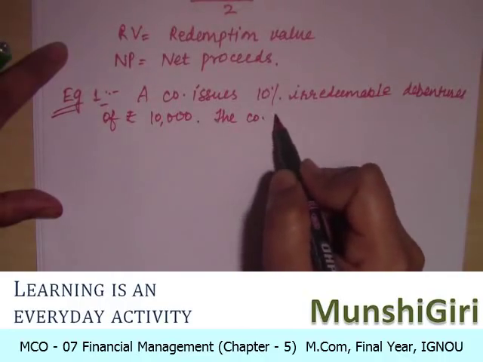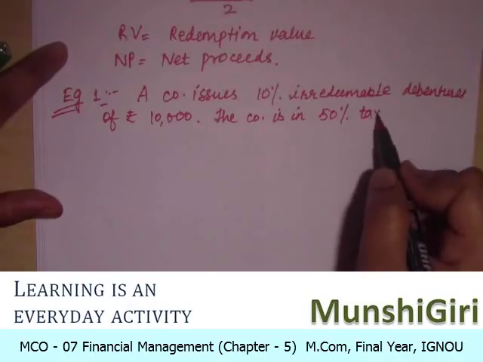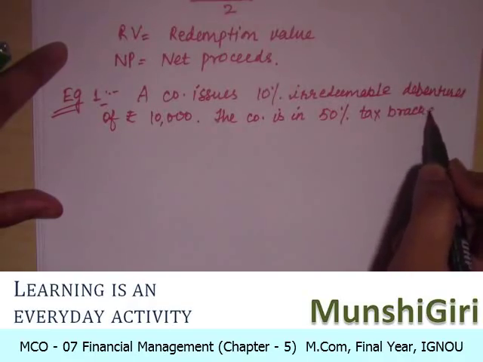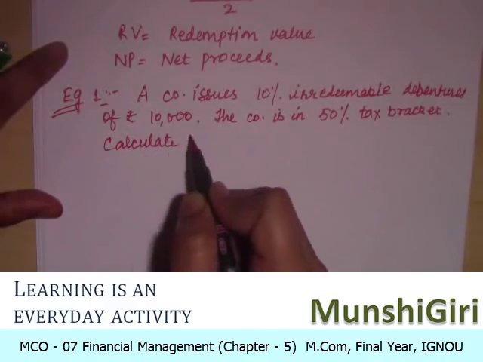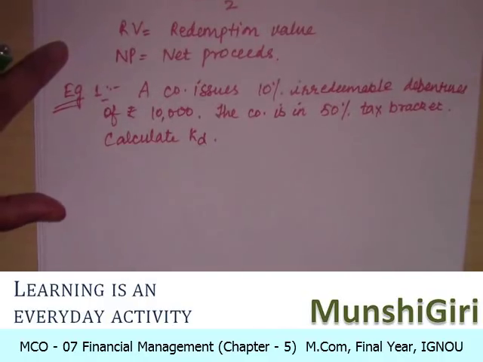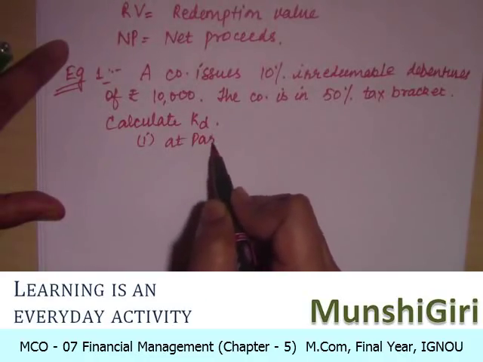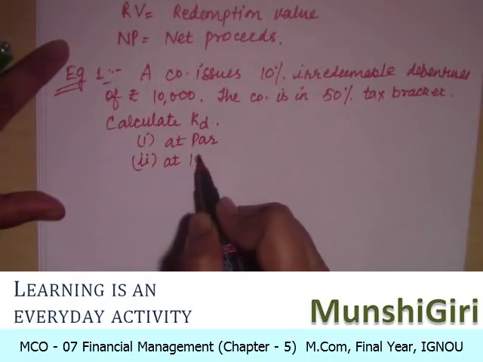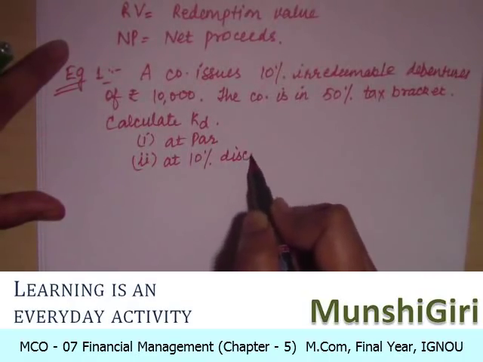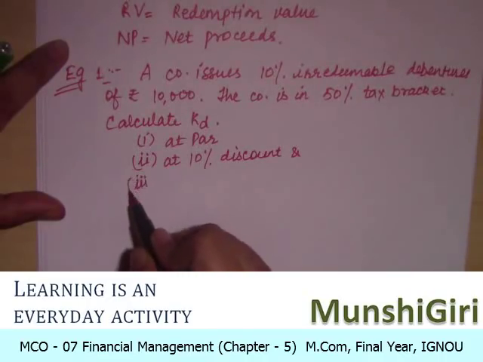The company is in 50% tax bracket and calculate KD, that is cost of debt. 3 situations, first being at par, second is at 10% discount, and third is at 10% premium.